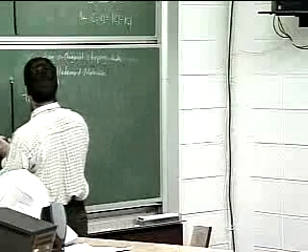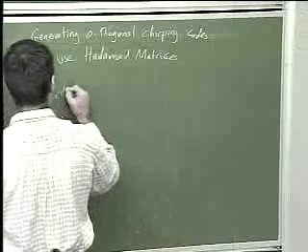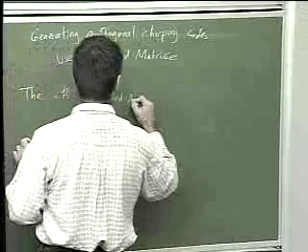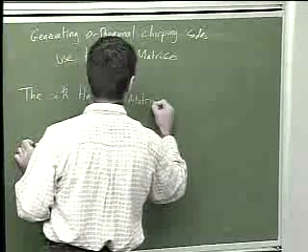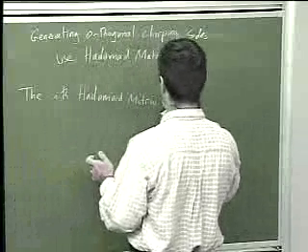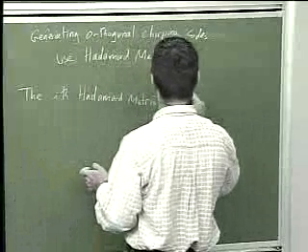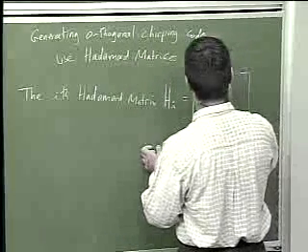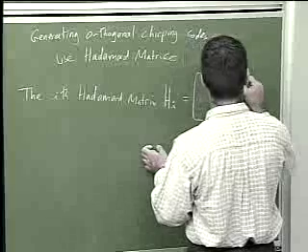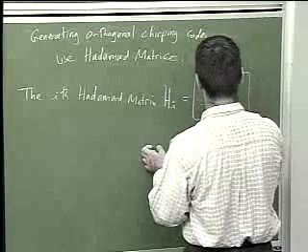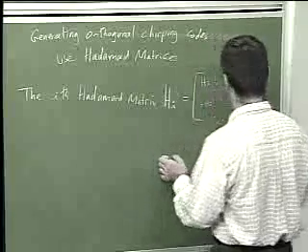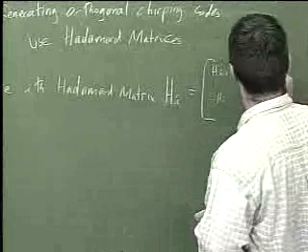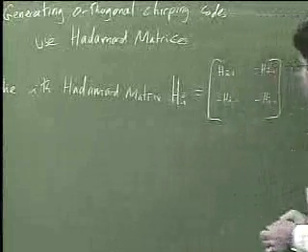Okay, so the ith Hadamard matrix, let's call it H sub i, is going to be the matrix formed by H sub i minus 1, H sub i minus 1, H sub i minus 1, and minus H sub i minus 1.